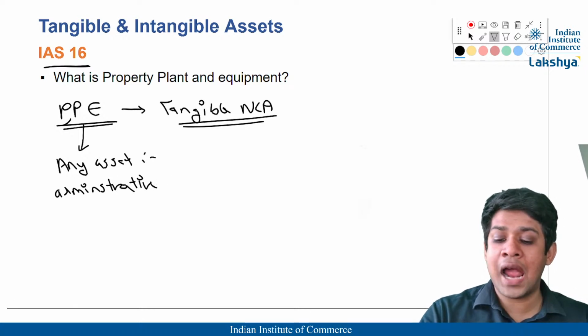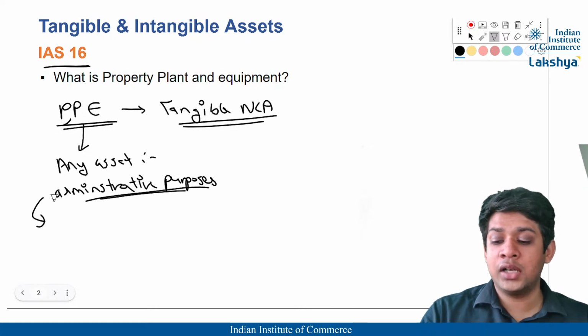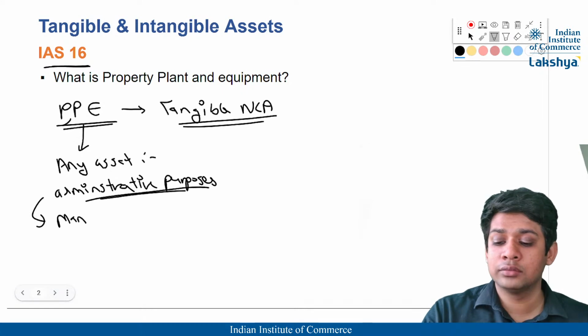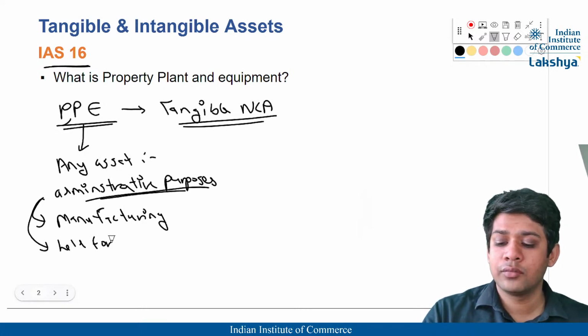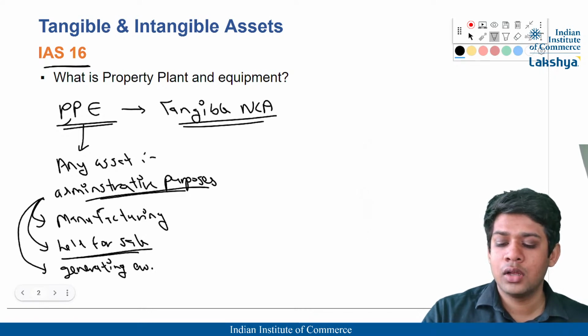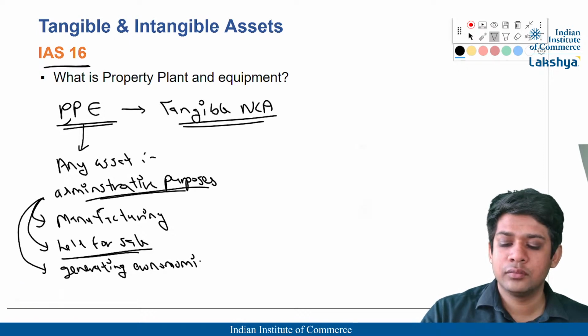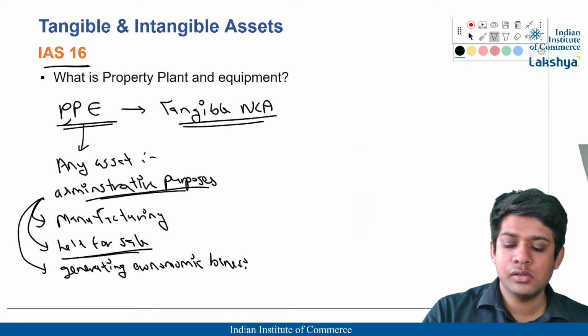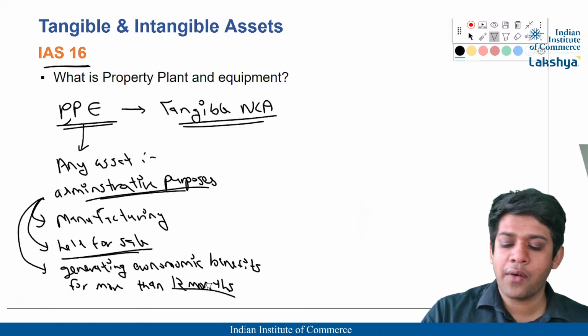Any asset which is used for administrative purposes, or any asset which is used probably for manufacturing, or any asset which is held for sale and which is actually generating economic benefits for more than 12 months, right?